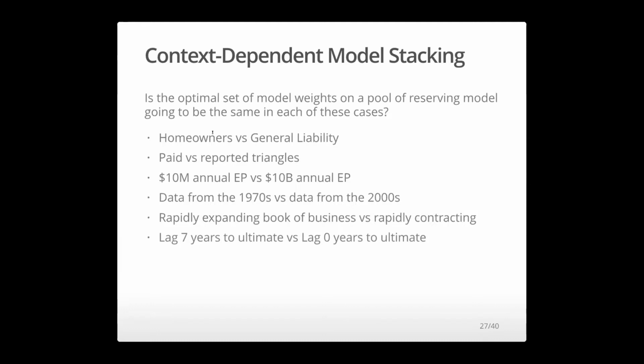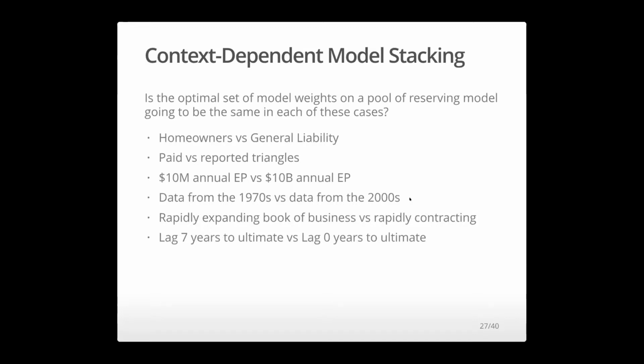Now, doing it by line of business is pretty easy. In the examples that I just showed, it was separate model weights by line of business, and each line of business was fit independently. For a categorical, low cardinality variable like that, it's a piece of cake to just split the data up and fit separately. But a problem like this, where we're talking about scale and earned premium or exact vintage of the data, is where it gets a lot more fraught.